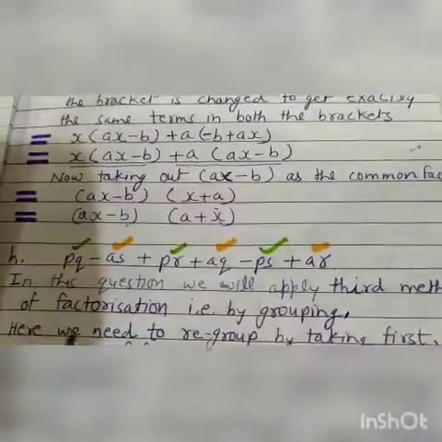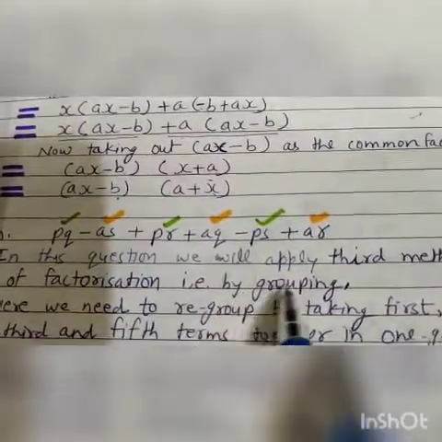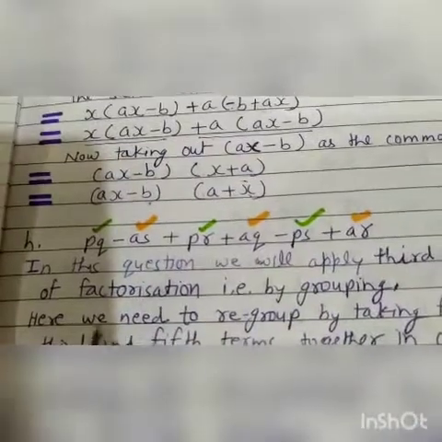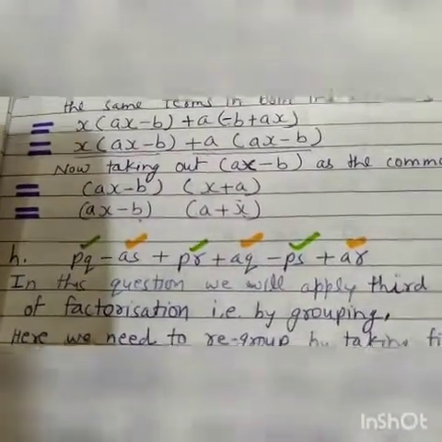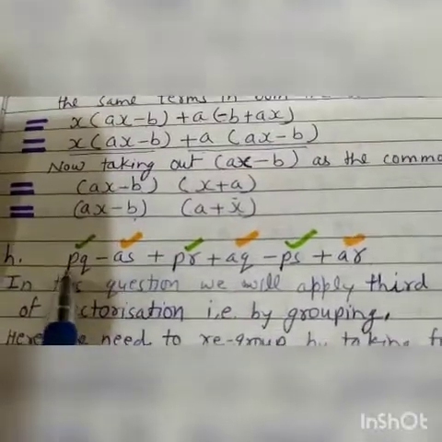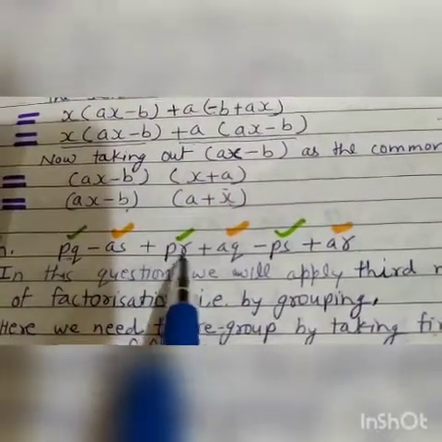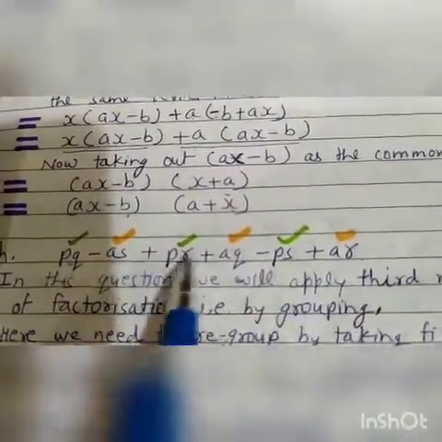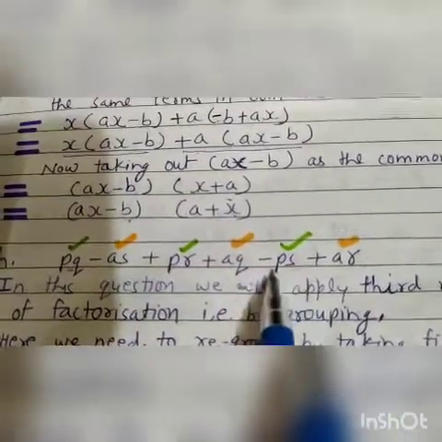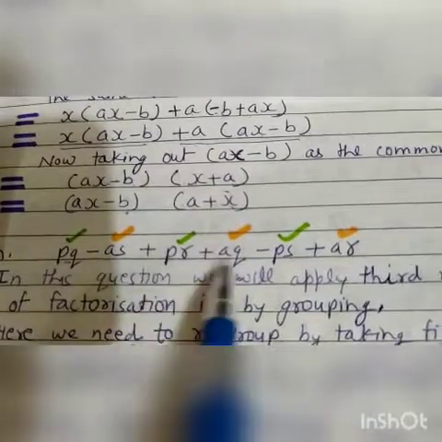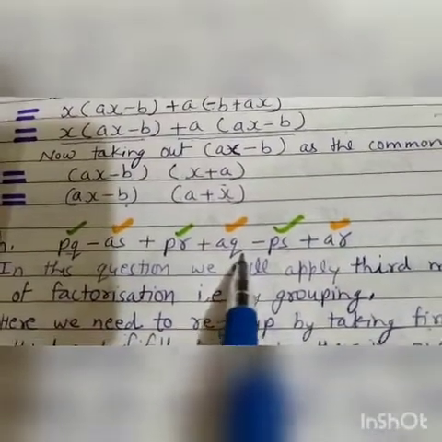What was the third method of factorization? That is by grouping. Here we need to regroup. If we take the first term, third term and sixth term together, PQ plus PR minus PS, then in all these three terms P is the same, so we can take out the common factor easily.